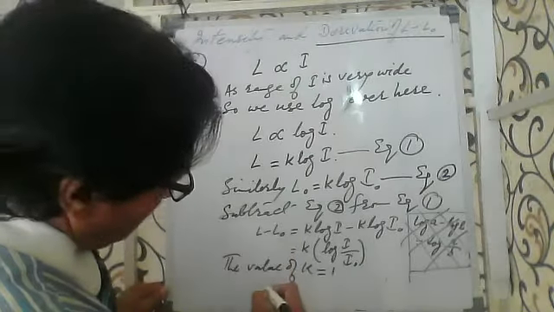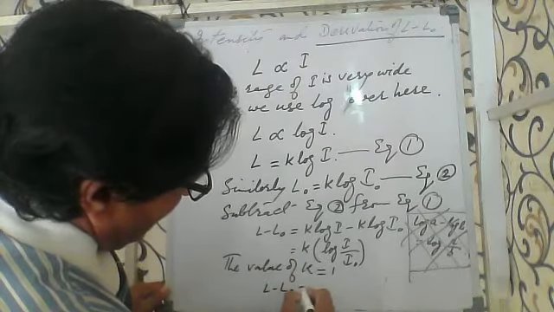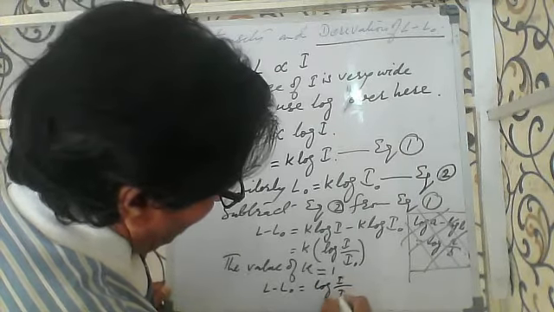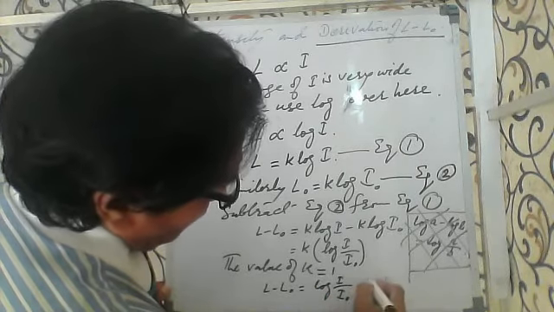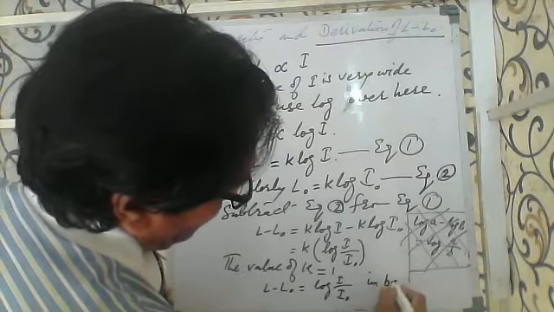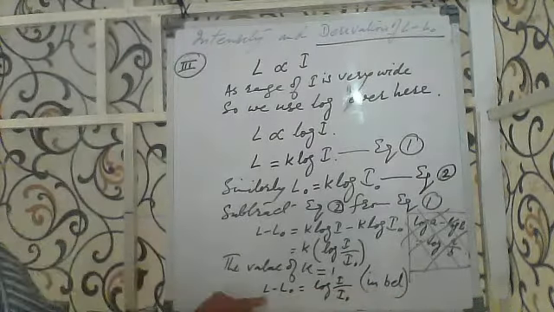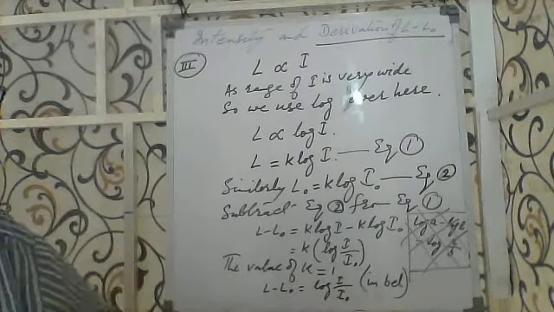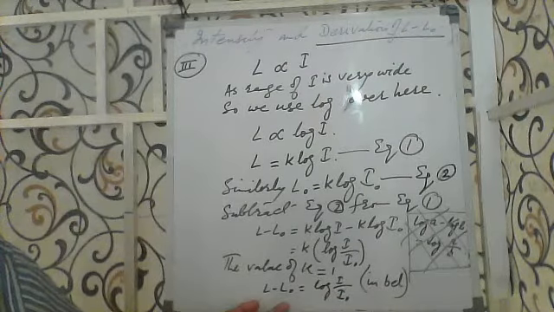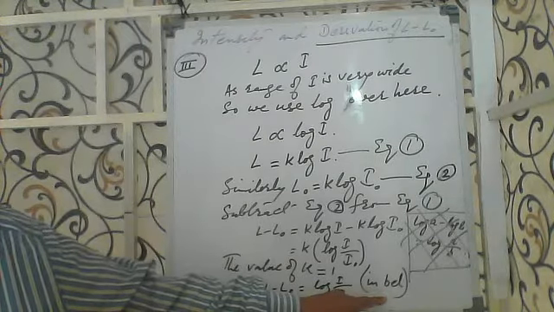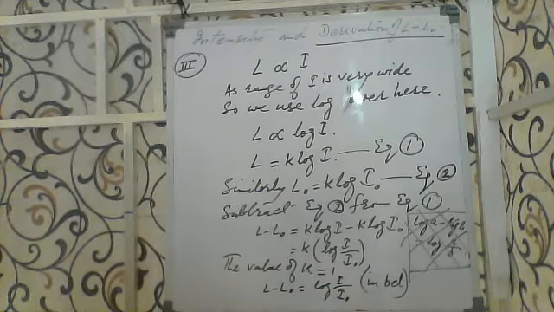So we got L minus L naught is equal to log of I by I naught in unit bell. What is the unit? Its unit is bell. The sound intensity level is given in bell, but bell is a very big unit.